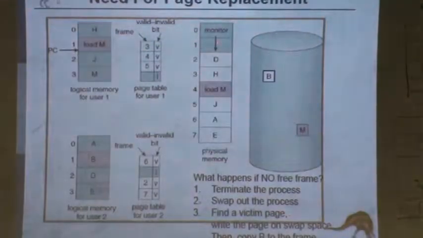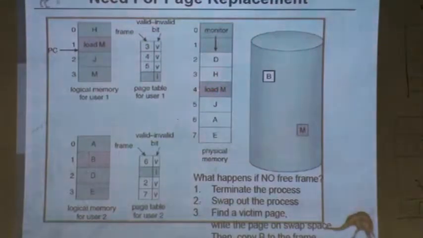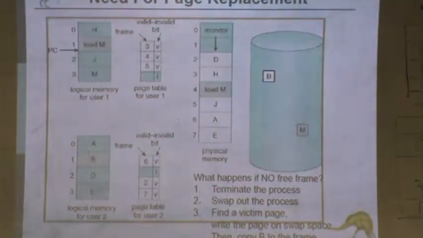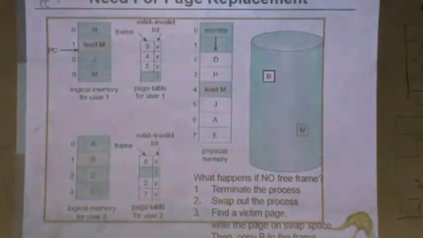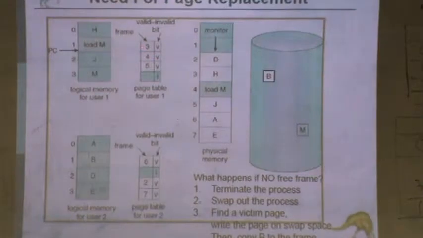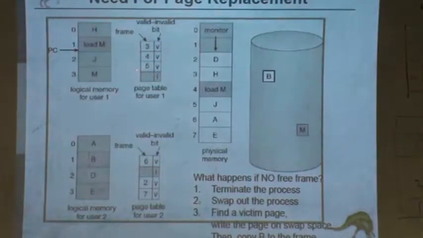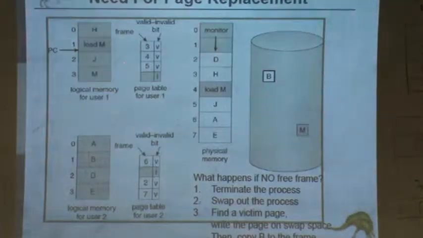Right now M is here in frame 4, something like that. So load M is executed, then M will be loaded, something like that. And also it's 0, 1, 2, 3. So these are the logical page numbers 0, 1, 2, 3. So make sure.